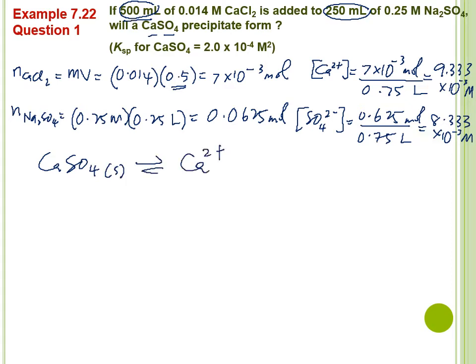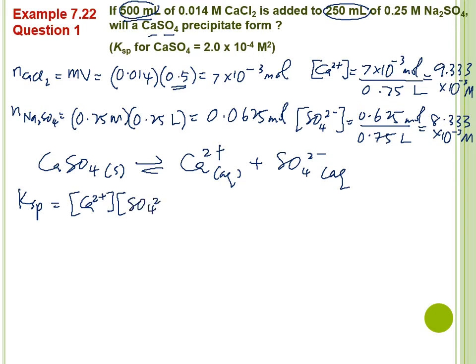Ca2+ is the ion in aqueous form, plus sulfate ion aqueous. So this is the balanced equation, and you're going to do the Ksp expression, which is Ca2+ concentration multiplied by SO4 2- concentration. Let's insert the values that we have calculated.